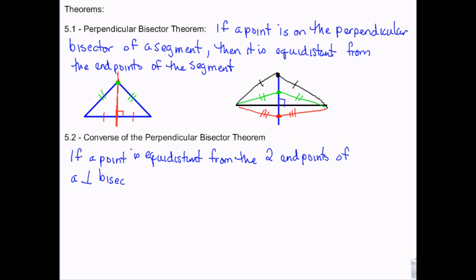So if you have a line segment, and there's a point that's equidistant from the two endpoints, anywhere out in space, then it's on the perpendicular bisector.